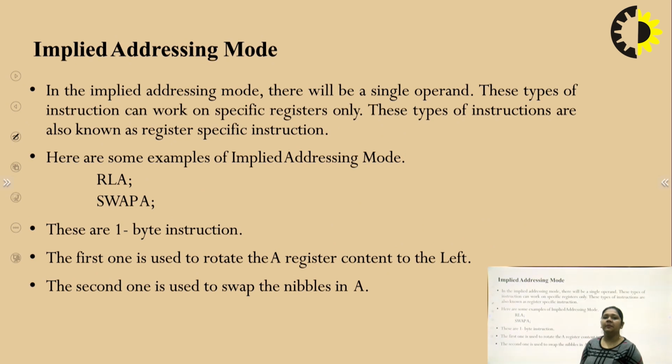Last one is our implied addressing mode. In implied addressing mode, there is only the opcode given, and a single opcode will be given here. No operand will be given in the instruction itself.